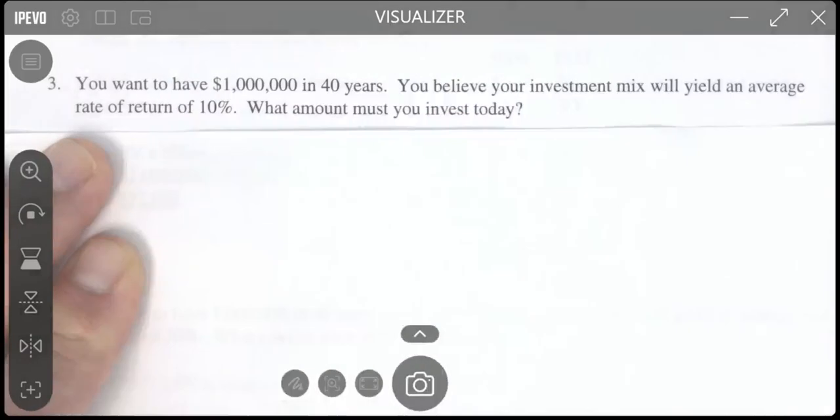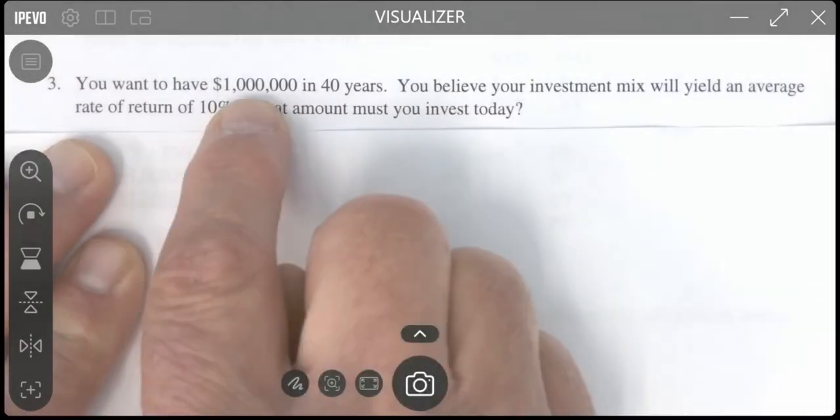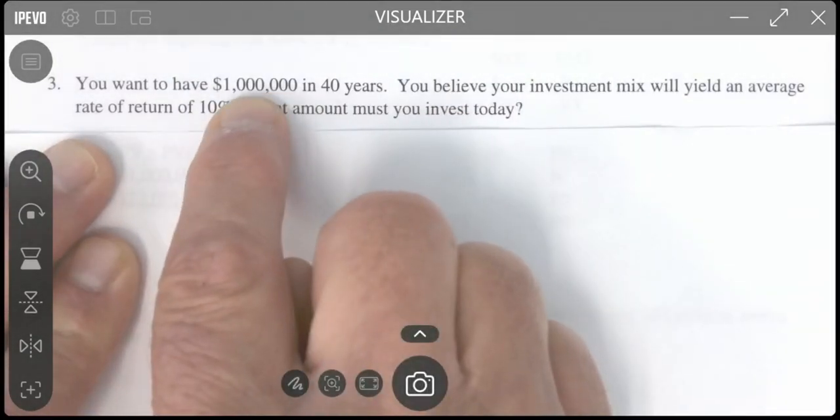All right, so we have a known future value.